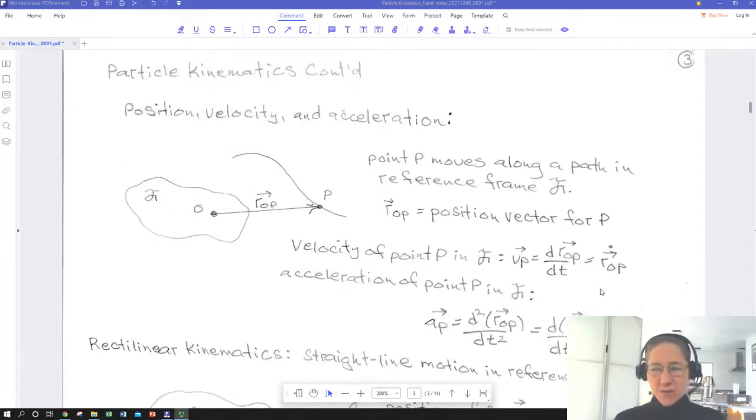Okay, this applies to however many dimensions. We can define VP and AP in terms of various different coordinate systems. Everything we've said here is general. That's why we define some crazy path out in space.